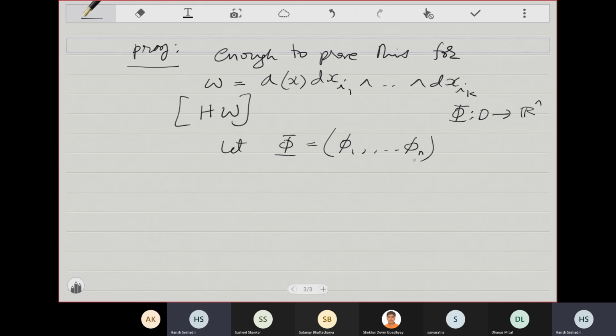So it will have n components as I've denoted here. Now, what is omega phi? Well, by definition, keep in mind that omega is a basic form. So by definition, omega phi would be A composed with phi of u and then d phi I1 wedge ... d phi Ik.